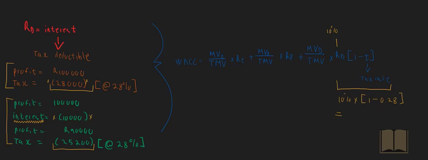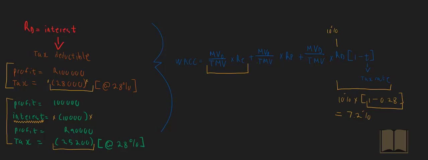It would be the cost of 10% reduced by the tax saving property of interest. So therefore your ultimate cost of debt would not be 10%, but would be 7.2%.